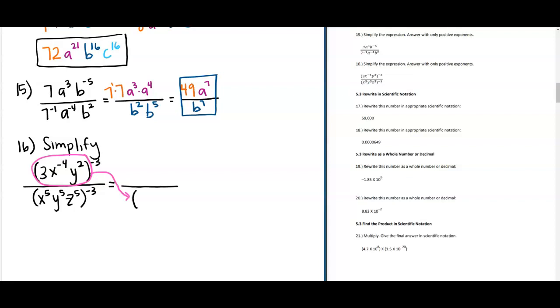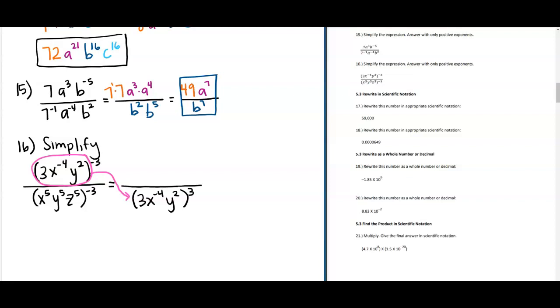So inside I'd still have 3, x to the negative fourth, y to the second, but now this negative 3 on the outside becomes a positive 3. And then you don't have to worry about that negative exponent.